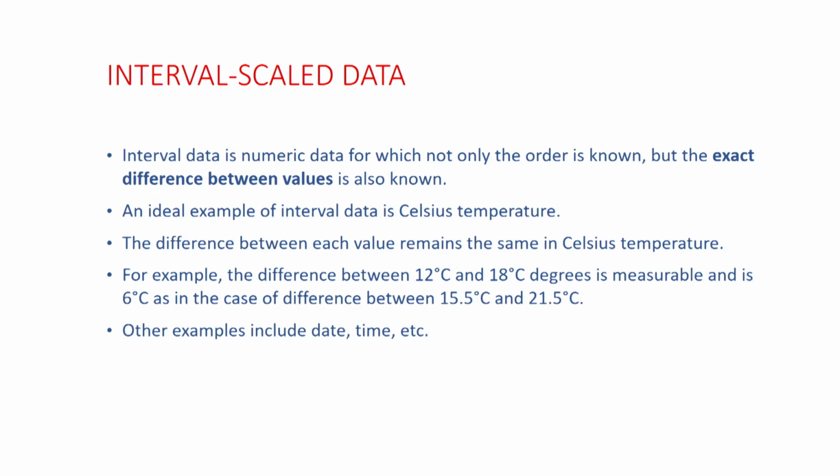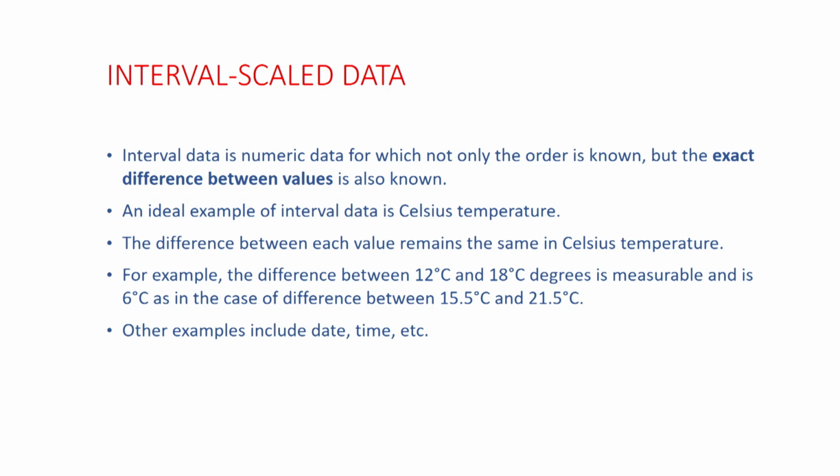Let us see the difference between interval data and ratio data. Interval data, or interval scaled data, is of course numeric data, because it comes under continuous or numerical data. In this data, not only is order known, which was a property of ordinal data, but the exact difference between values is also known.